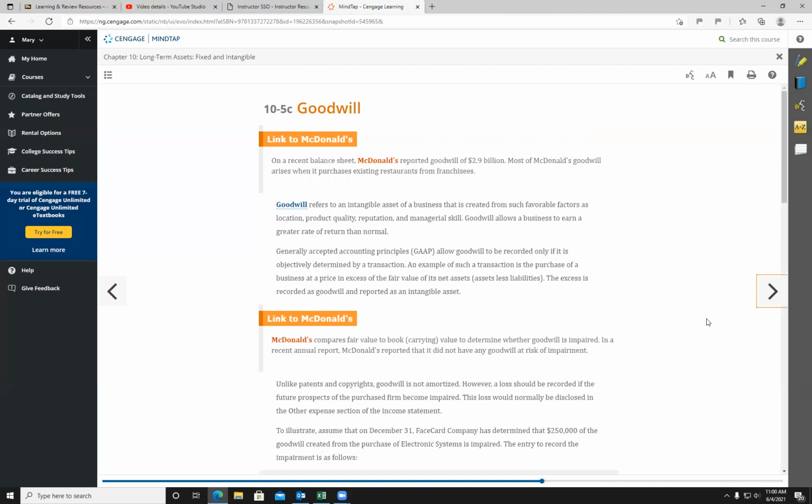GAAP allows goodwill to be recorded only if it is objectively determined by a transaction. An example of such a transaction is the purchase of a business at a price in excess of the fair value of its net assets. The excess is recorded as goodwill and reported as an intangible asset.